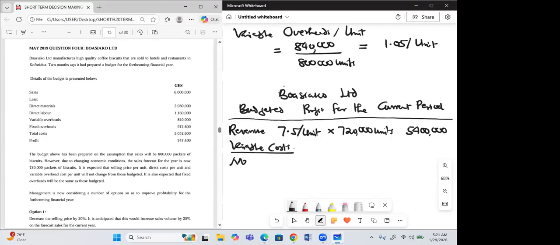Material: 2.6 by 720,000, which is 1,872,000.